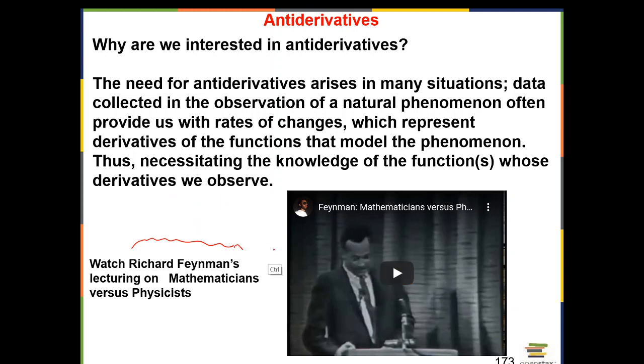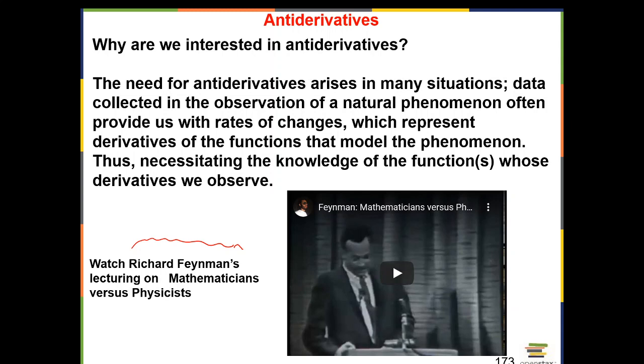But he's a great physicist, and he has 2 volumes of physics textbook that is free online. You can search for Richard Feynman's textbooks and you find them. But here he compares mathematics and physics. It's an interesting little video here. You should watch it. So I'm going to move on and talk about antiderivative.